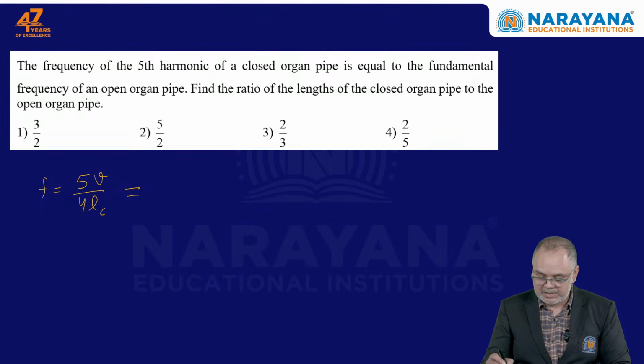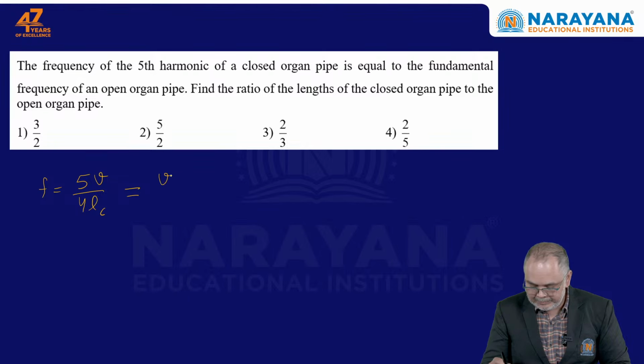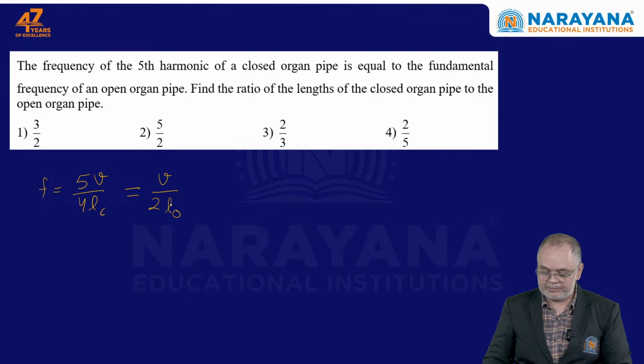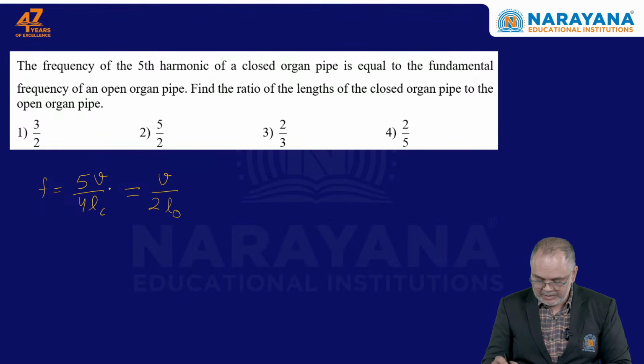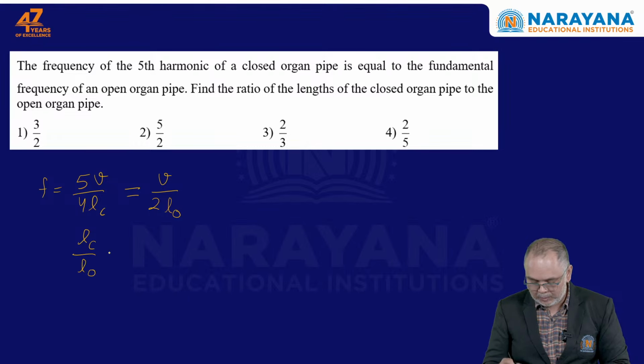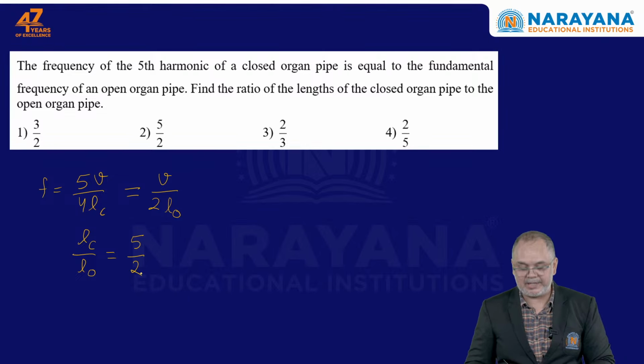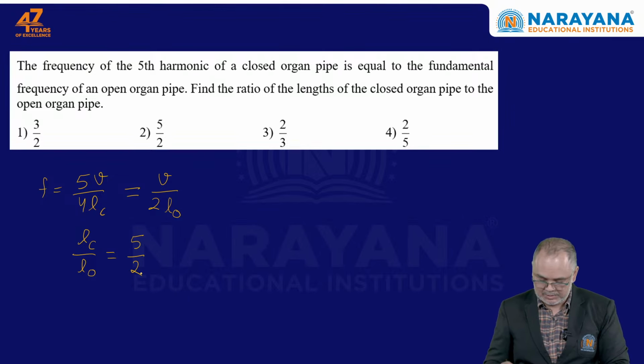So the fundamental frequency we can write is V by 2 LO. LO is the length of the open organ pipe. So here V will be cancelled, and the 1 and 2 will be cancelled. So you can write length LC upon length LO will be equal to 5 by 2. So this is the ratio of the two lengths, so this is the answer.